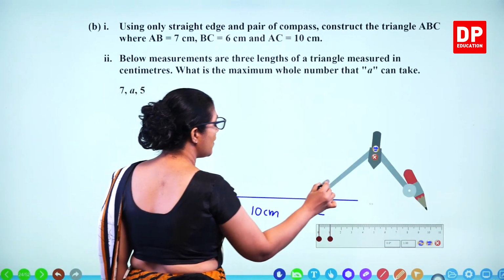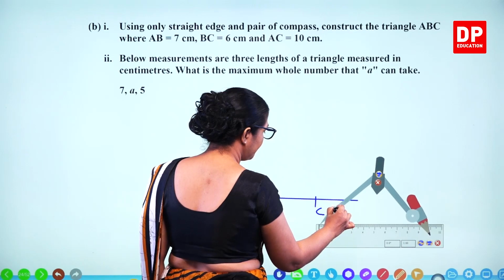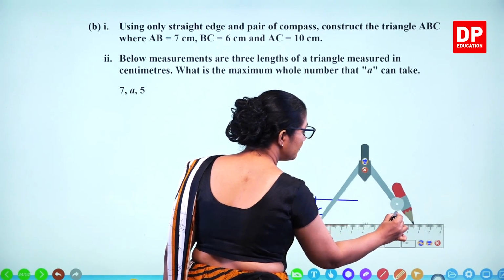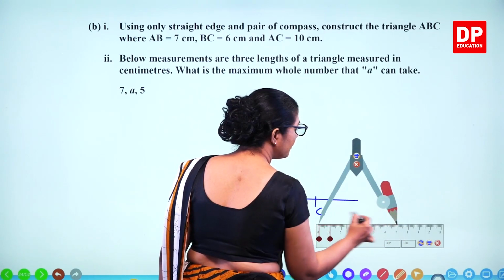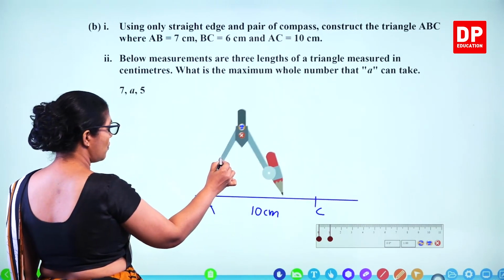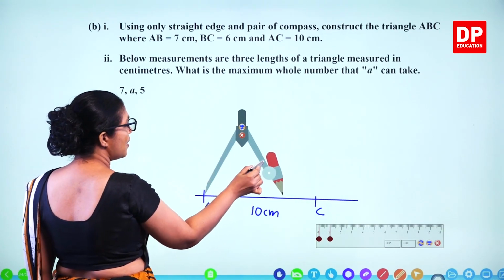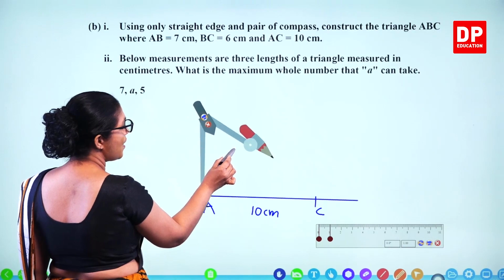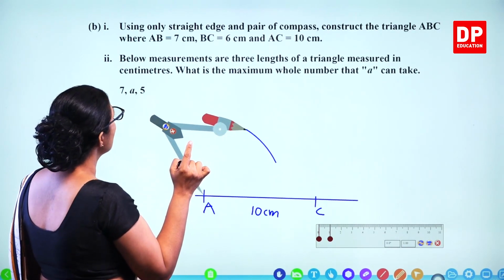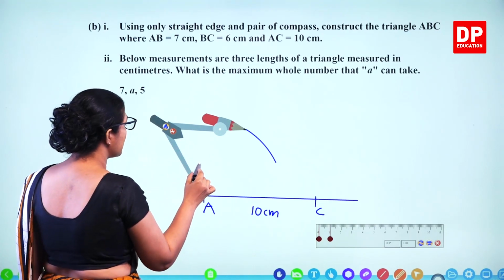So we need 7 now. 7, that's AB. So here you have to keep the compass on top of A now. And you can draw an arc. BC is 6.